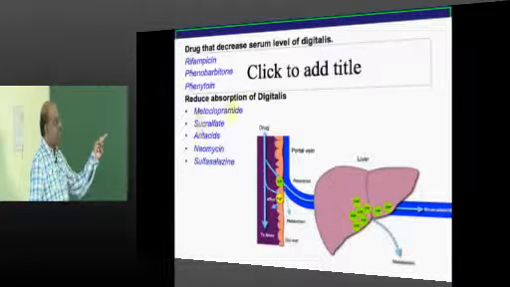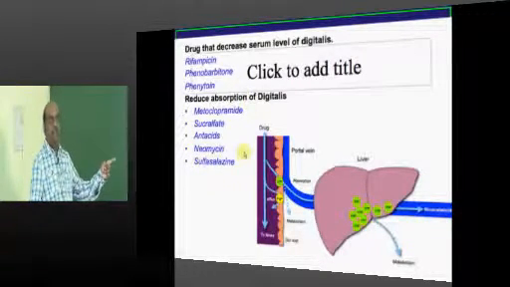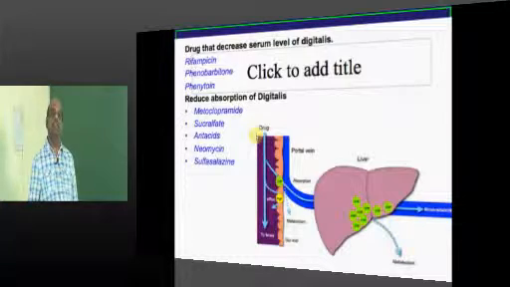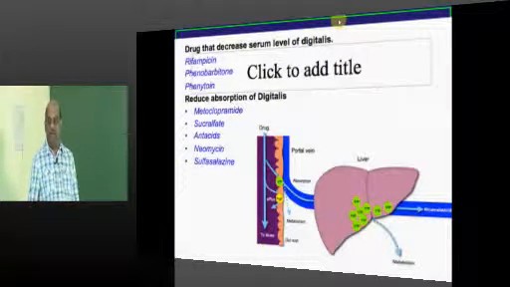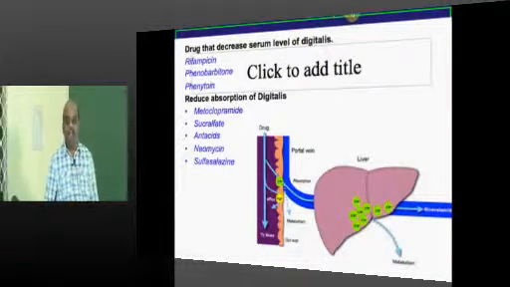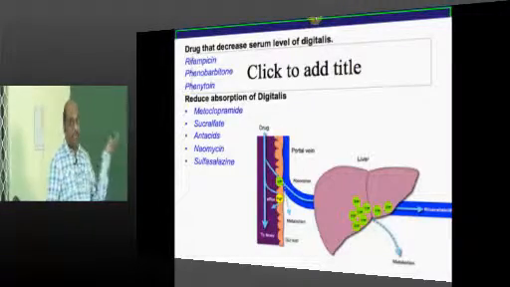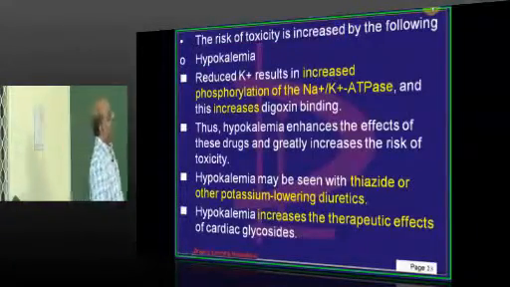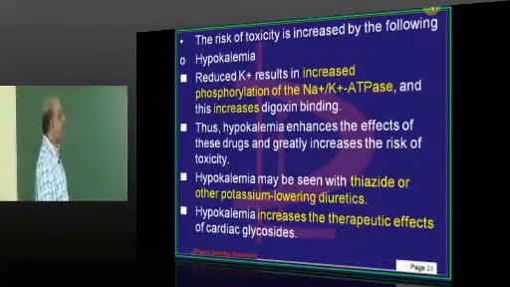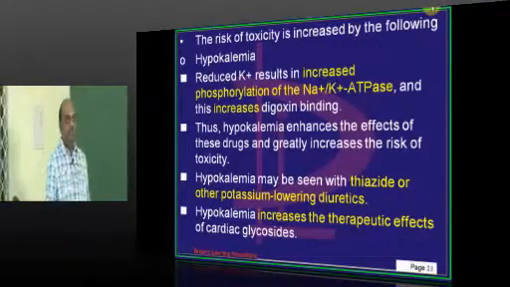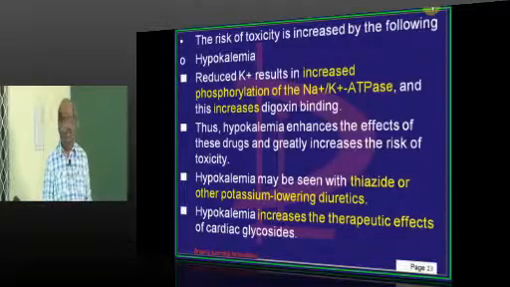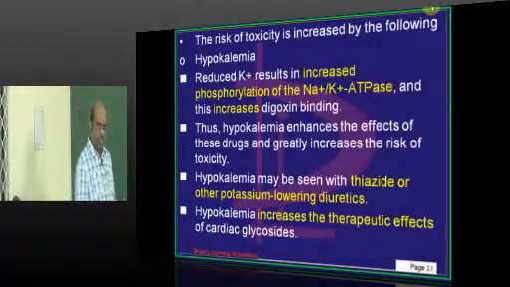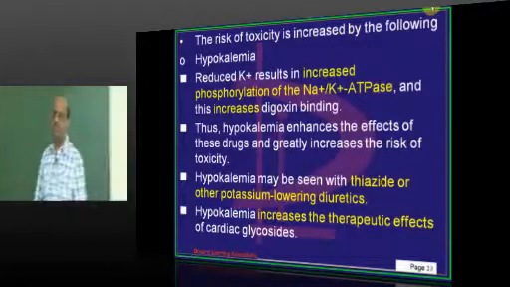Antacids, neomycin, sucralfate, metoclopramide, sulfasalazine are also on the list. The list is very long. You remember as much as you have energy for. Not all are needed to be remembered, but at least you should know that something will affect digitalis. That is important. Hypokalemia is one of the important problems which can worsen digitalis toxicity. And to whom do you give digitalis? Basically CHF patients.